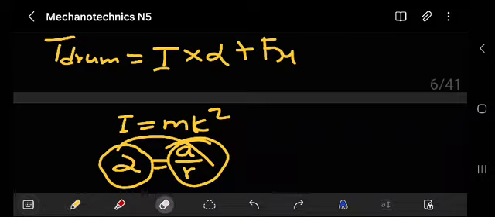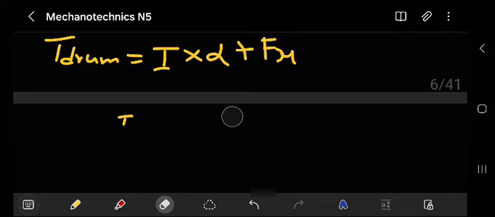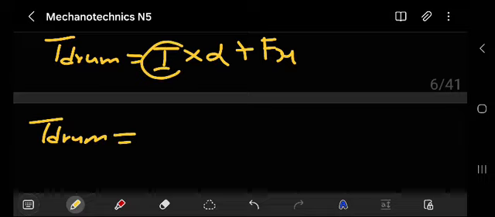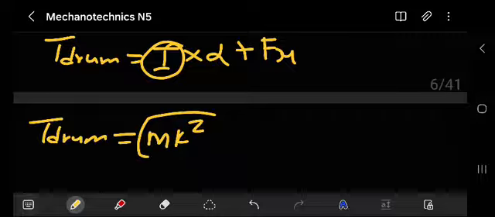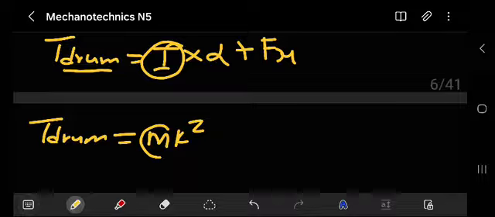You know your angular motion, right? You still remember that? So I, it's mk squared, is given by this. This is a mass, but mass of what? Take note, you're talking about the drum. This will be the mass of the drum. Note the radius of gyration of the drum.